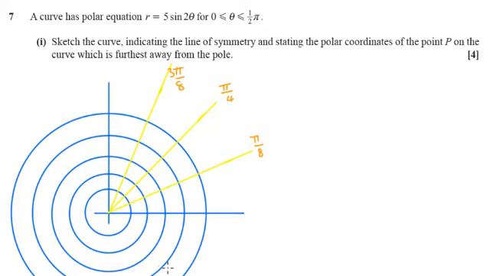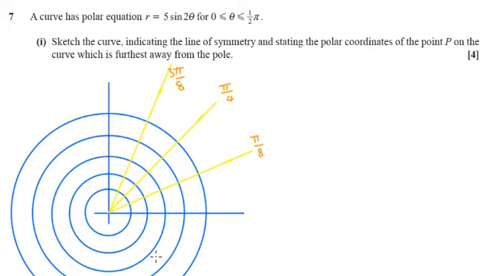Right, so to get the values that we want, I'm going to use my Casio calculator to set up a function, an equation, which I'll show how to do in a different video.